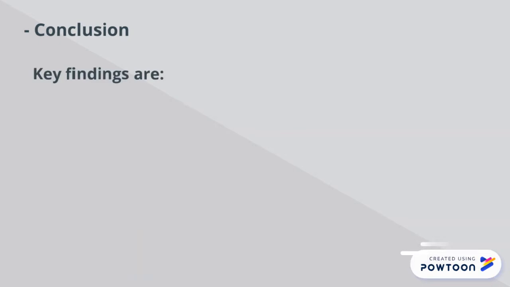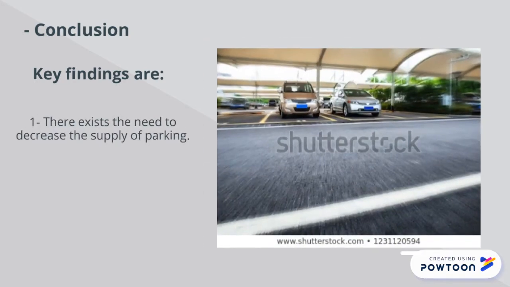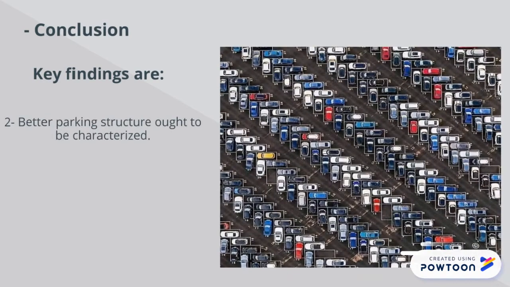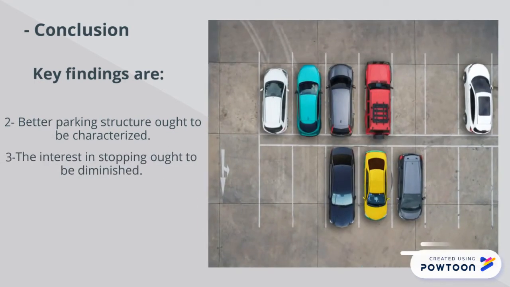The key findings and suggestions in the paper are the 5 methods towards making a good parking design. In the first place, there exists the need to decrease the supply of parking. Furthermore, better parking structure ought to be defined.